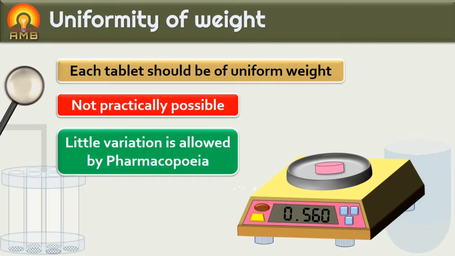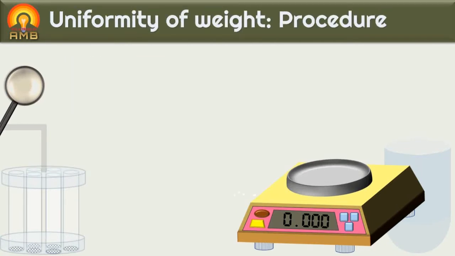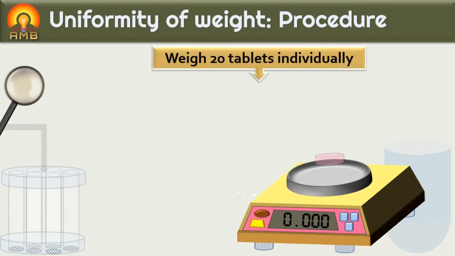Now let's see how this test is performed. Take 20 tablets and weigh them individually. Record the individual weights. Use only uncoated tablets, as coating may vary the weight of the tablet.